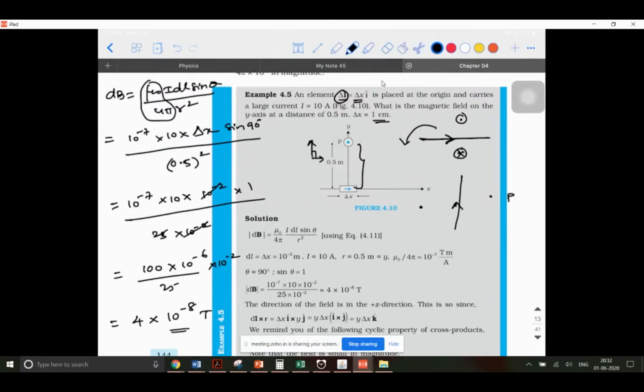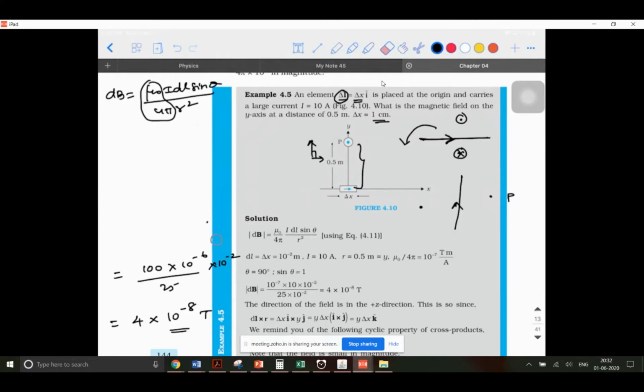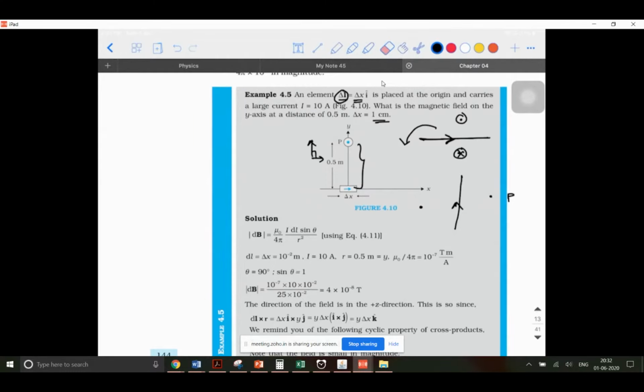Now I am going to use the vector form to solve the same problem. How to do it? So the vector form is going to be db vector is equal to mu naught divided by 4 pi into I dl vector cross r vector, the whole divided by r cube, right?